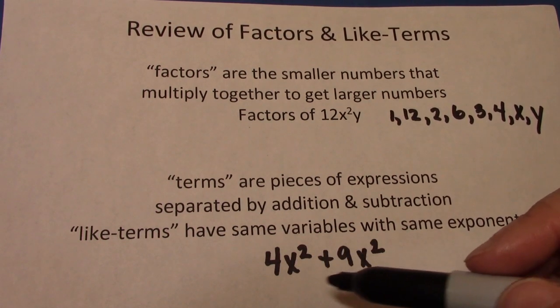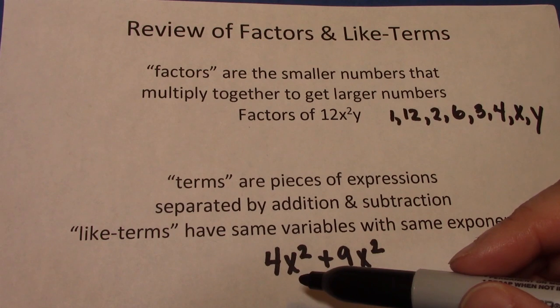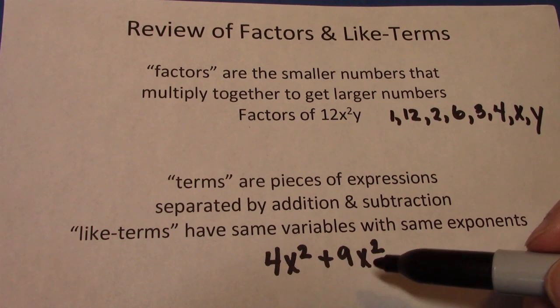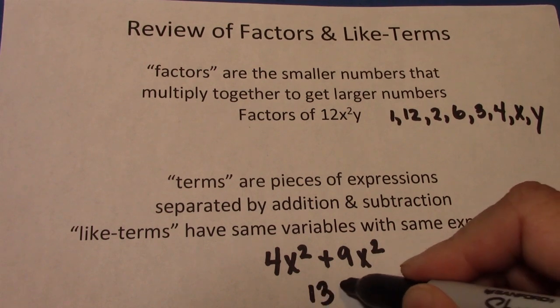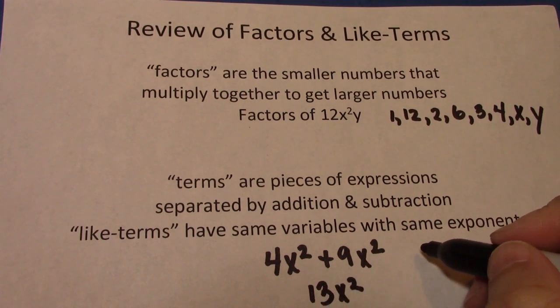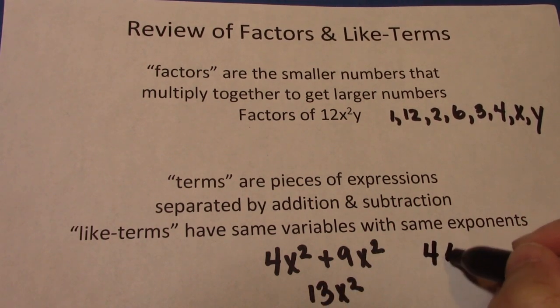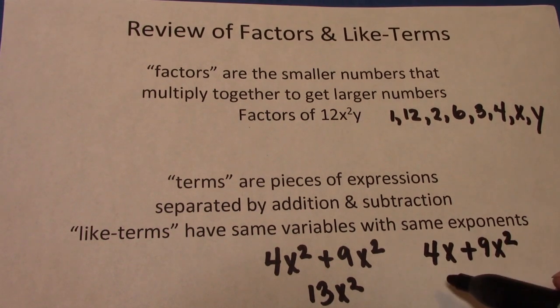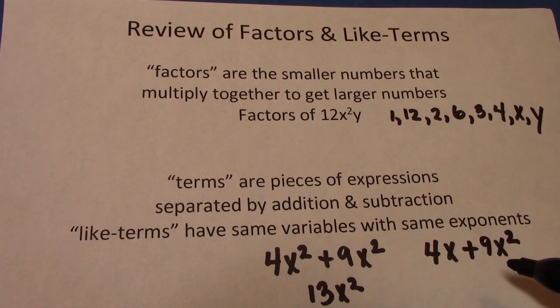So we can combine them, and 4x squared and 9x squared gives us 13x squared. But if this same problem was 4x plus 9x squared, it's got the same variables, but not the same exponents. So these are not like terms, and they cannot be combined.